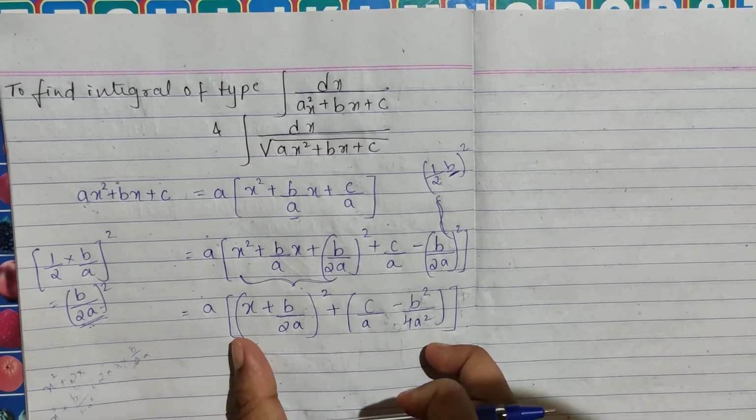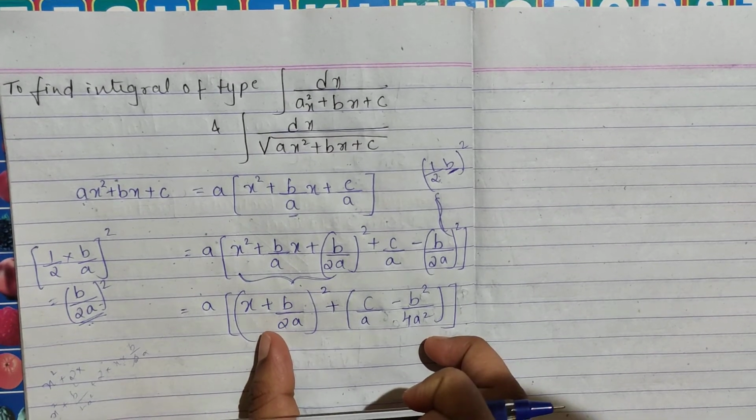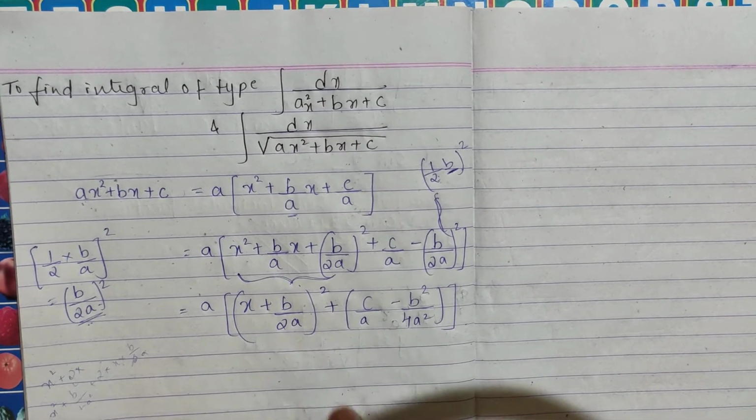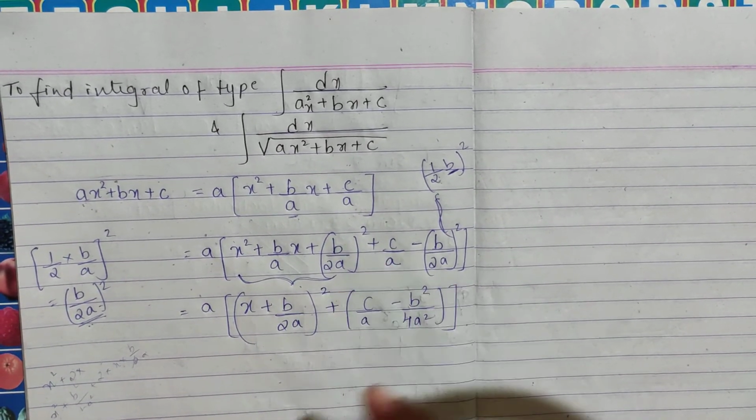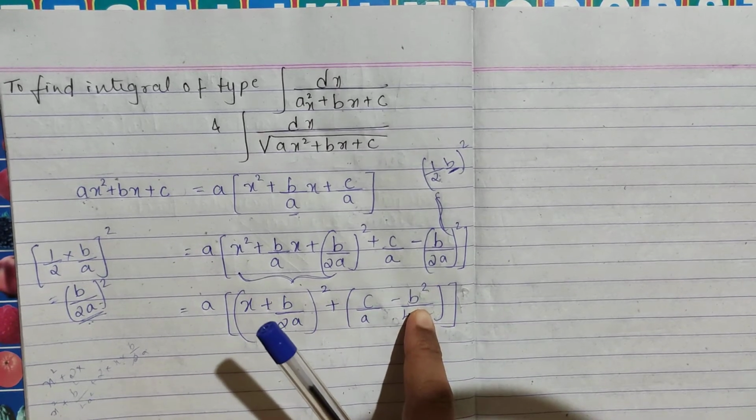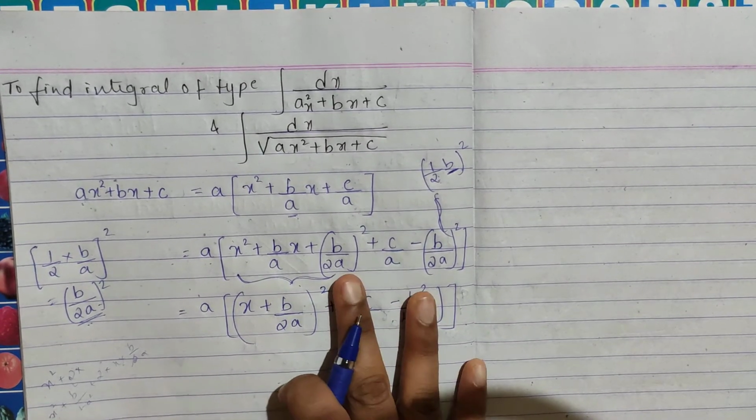After coming here, you can apply your standard formula, because this will be x square plus a square, or x square minus a square. So you have to do it in such a way.